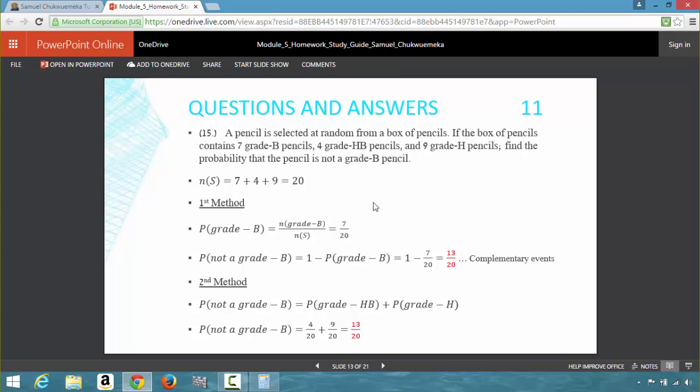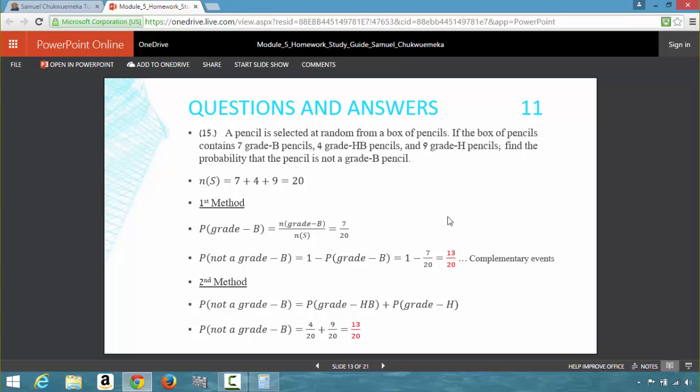So that will be how many grade B pencils? 7 over the sample space, of course, is adding the pencils. 7 plus 4 plus 9 to give you 20. So that will be 7 out of 20, the probability of getting a grade B pencil. Now, what would be the probability of not getting a grade B pencil?